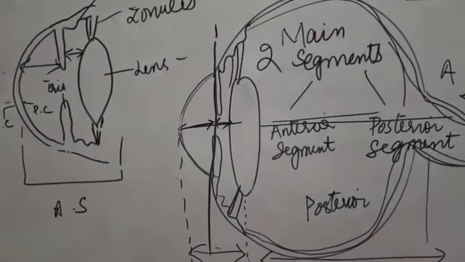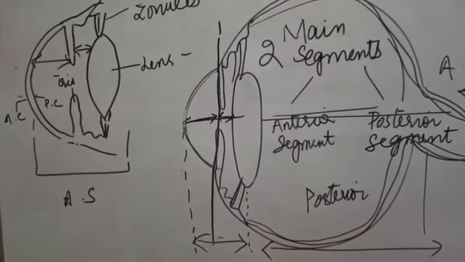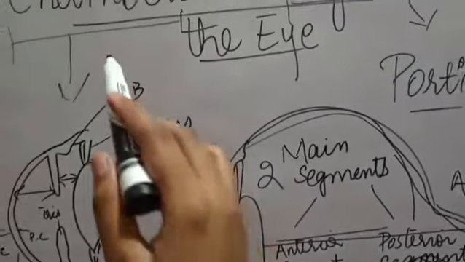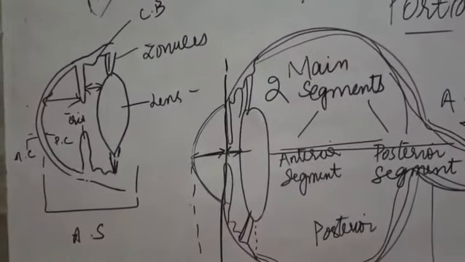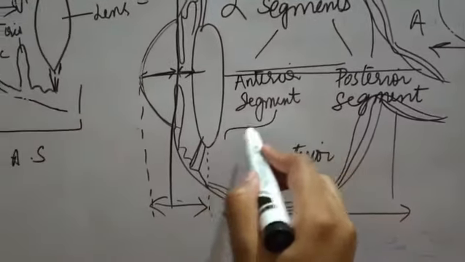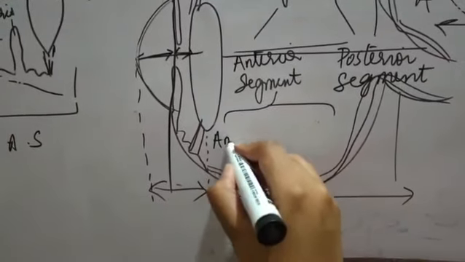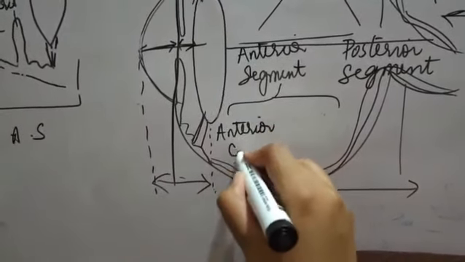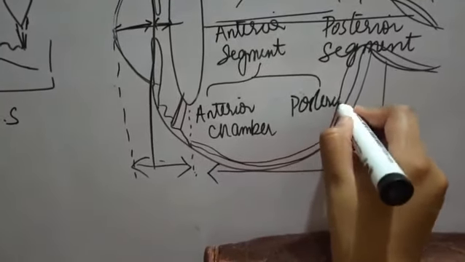The small portion, the small area, is known as a chamber. So the anterior segment is further divided into the anterior chamber and the posterior chamber.